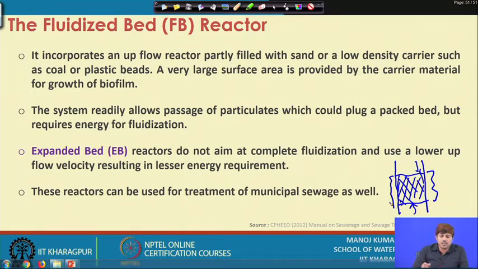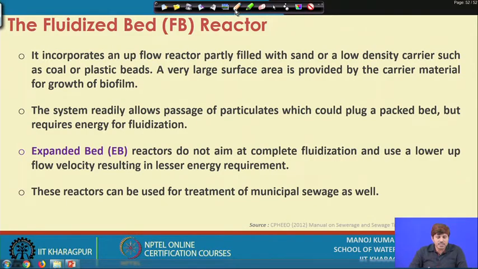But in fluidized bed reactors, the reactor is partly filled with some media material, which could be sand or low density carriers such as coal or plastic beads. These are low density carriers, and we do not fix them in the system.